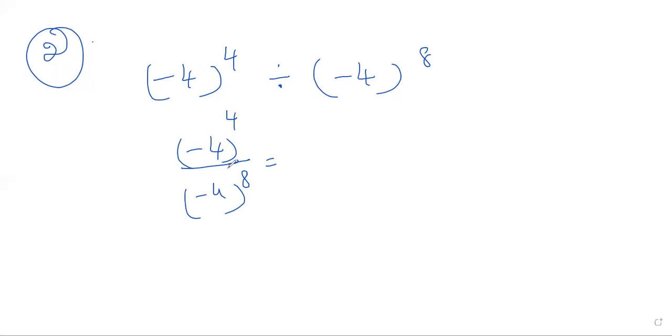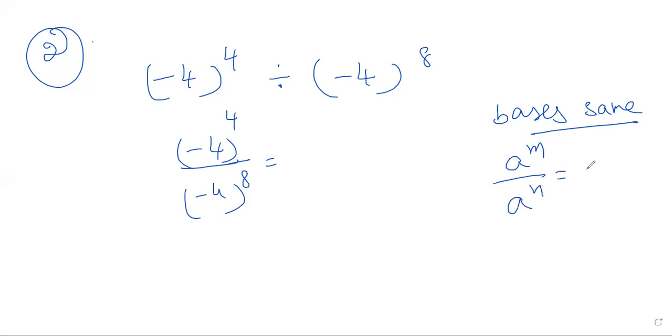Okay, children, here the bases are same. Right? The bases are same. So it is in the form of a to the power of m by a to the power of n. You can write it as a to the power of m minus n. If you bring n to the numerator, it becomes minus n. Okay. Now the bases are same. Write it as minus 4.